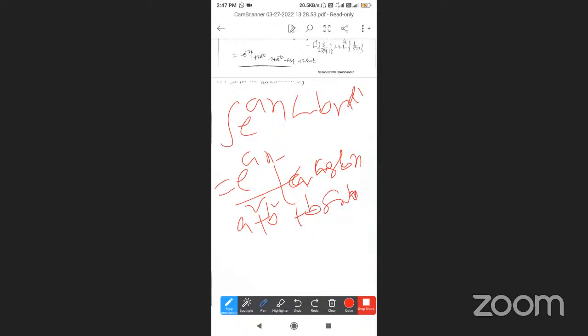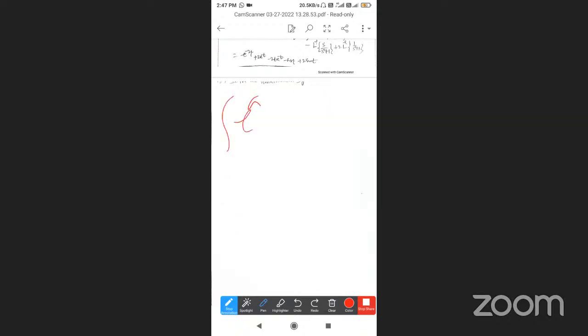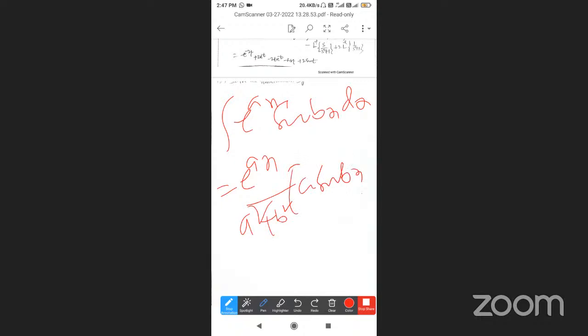Next, the integral of e^(ax) sin bx dx, and in Laplace transforms you can use these formulas. It is e^(ax)/(a² + b²) times (a sin bx − b cos bx). Note that for the cos integral, a cos comes as the positive term and b sin follows; for the sin integral, a sin is the positive term and b cos is the negative term: a sin bx − b cos bx.